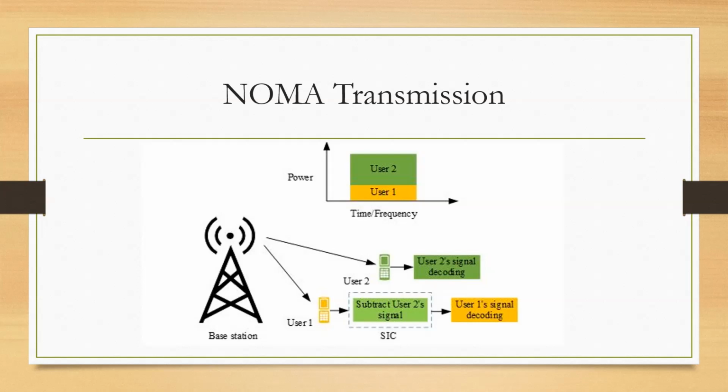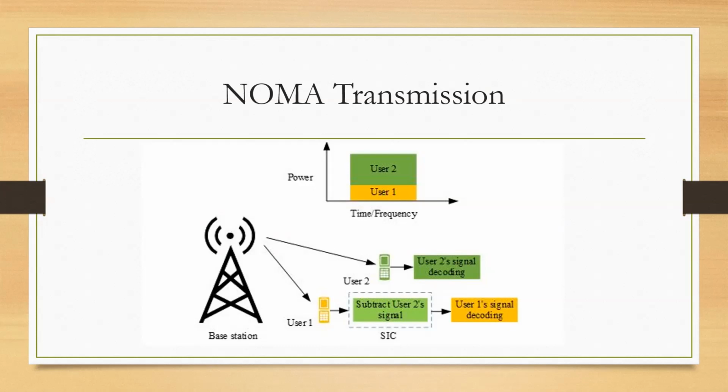Now, these different power levels which are calculated are then assigned to the far and near user. A near user gets lower power levels. In this power level, user one will be transmitting its signal, and user two gets a higher power level in which user two transmits its signal.